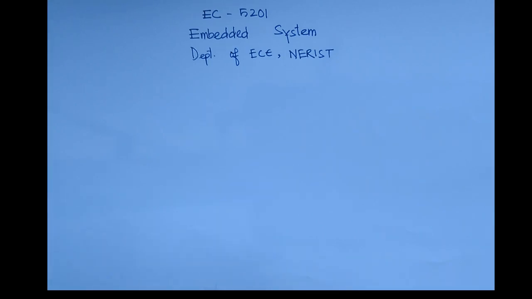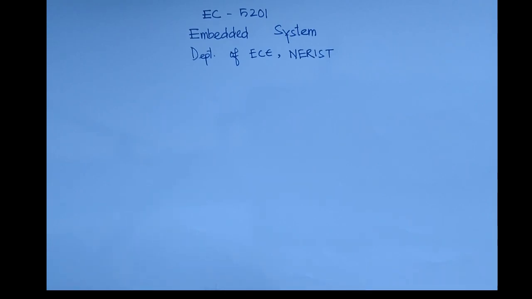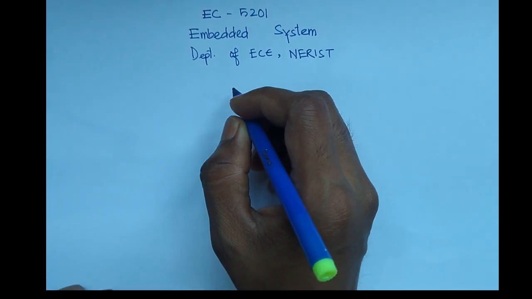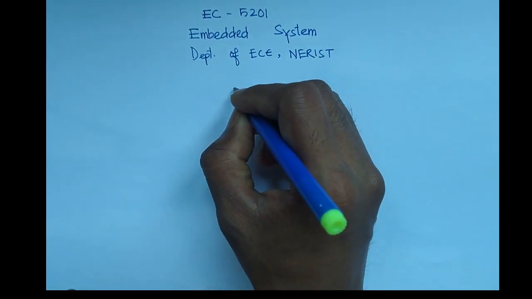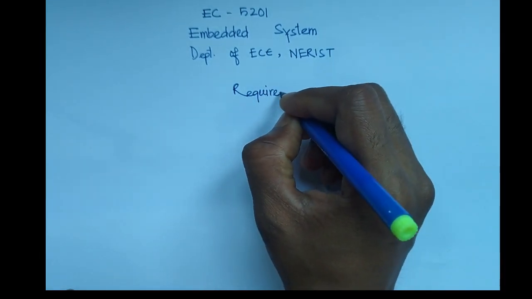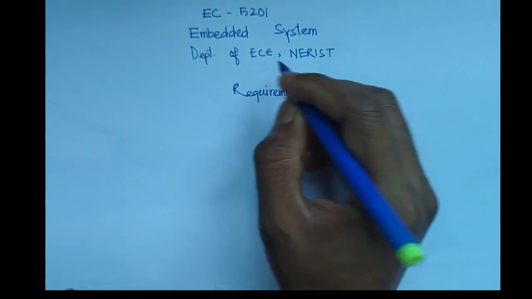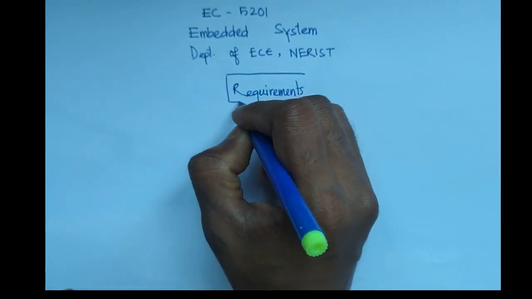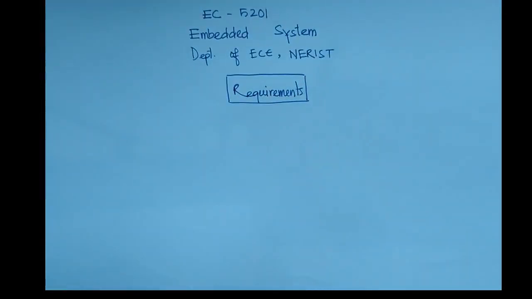So whenever we would like to design any system, the first and the foremost thing which we submit to the vendor or to the company or to any person who is going to make our system is a requirement. So the first and the foremost thing which we need is the requirement.